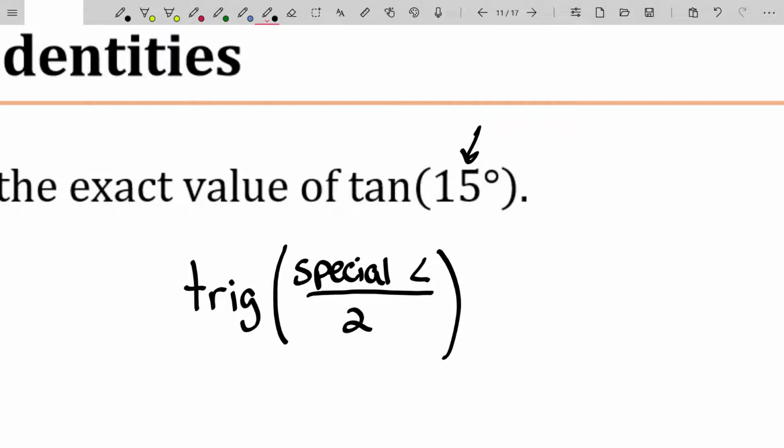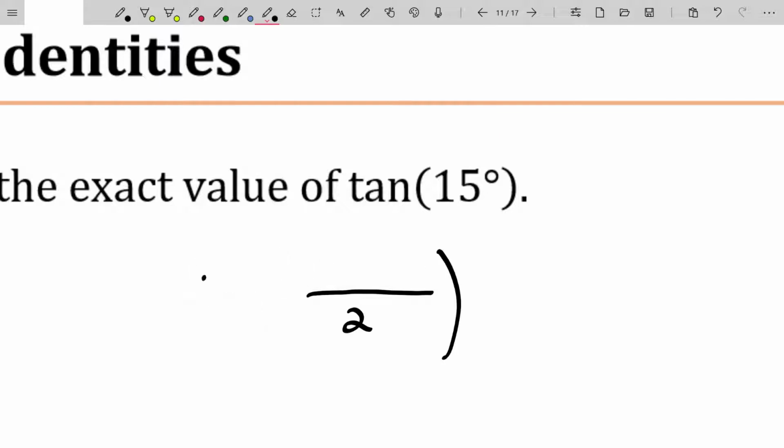It involves a lot less critical thinking than asking what two angles I have to add or subtract to get to 15 degrees. I think it's much easier to say 15 is half of 30, and 30 is a special angle. So in this case, we have the tangent of 30 degrees over 2. That's a half-angle formula.